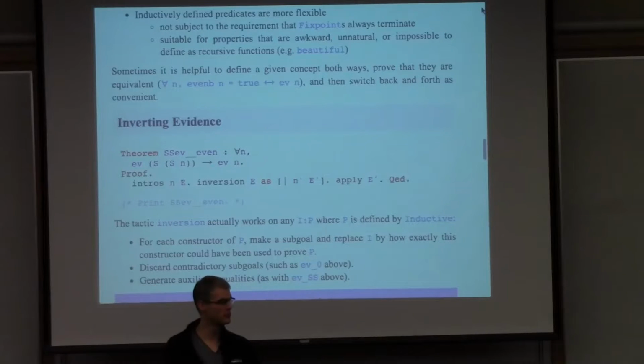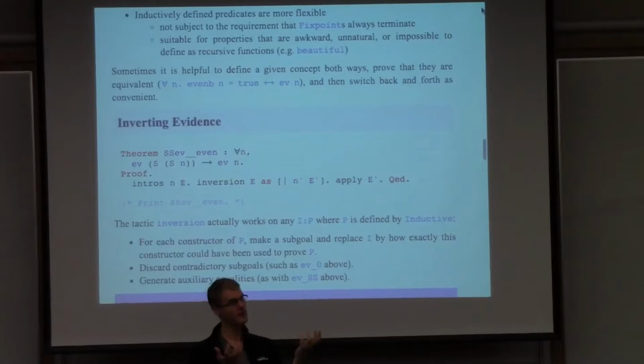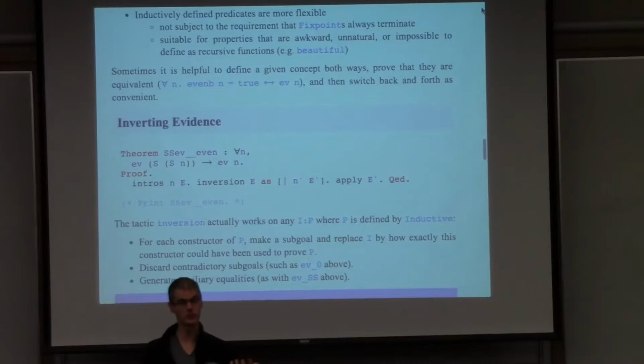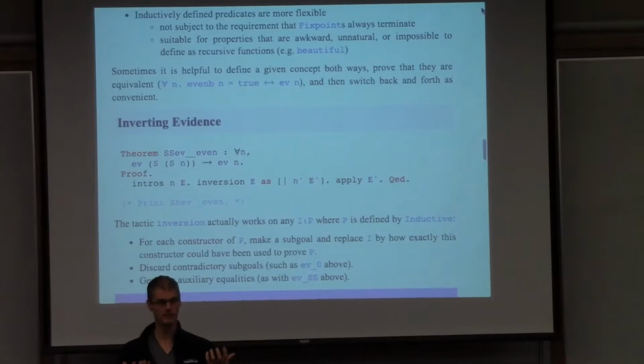Often proofs will be of the form, suppose we have a term and it's typable and it takes a step. So we have now two derivations, one in the typing relation and one in the takes a step relation. Those relations are both inductively defined.